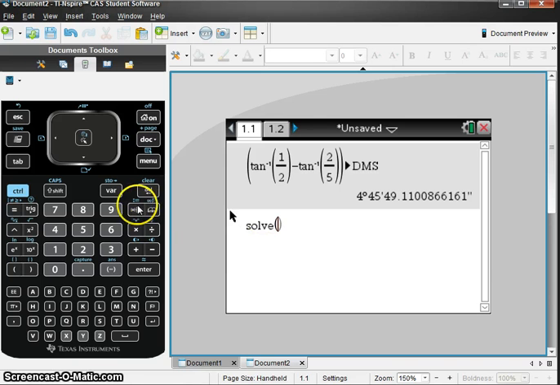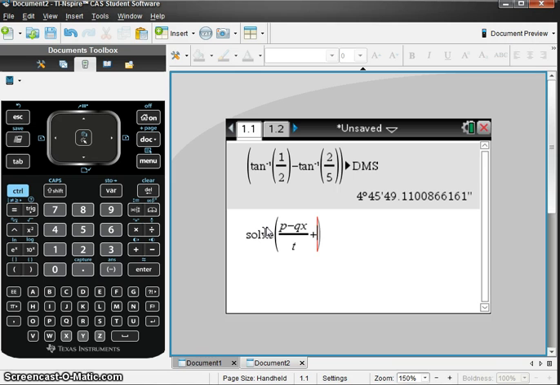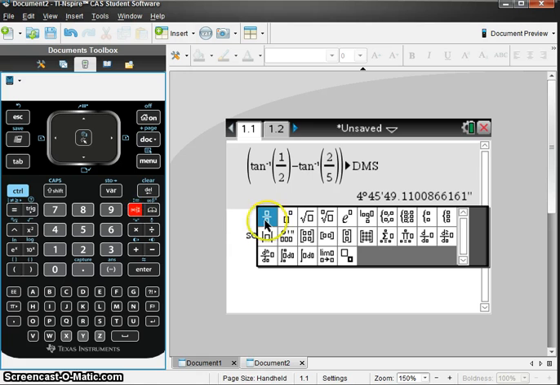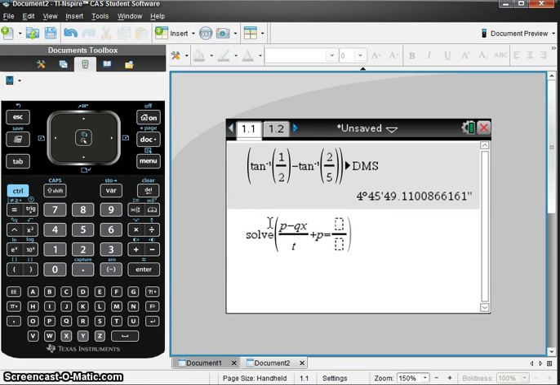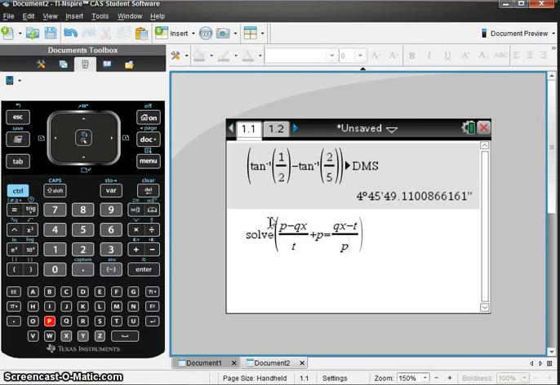The first thing was P minus Qx over T plus P equals, then up here Qx minus T over, what was it, P. Now we're solving for x, so we put a comma and then an x.